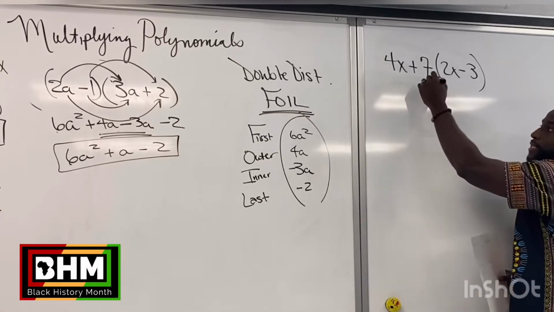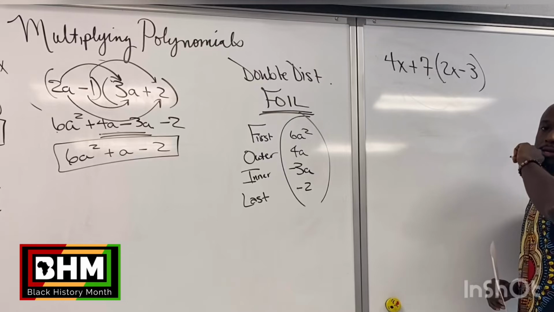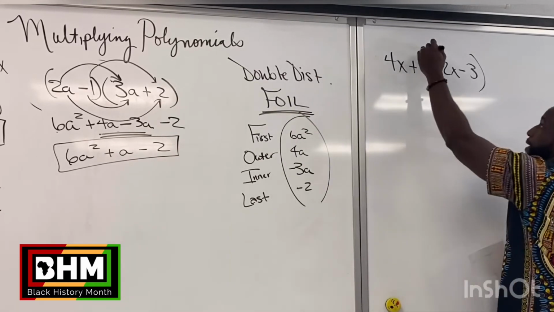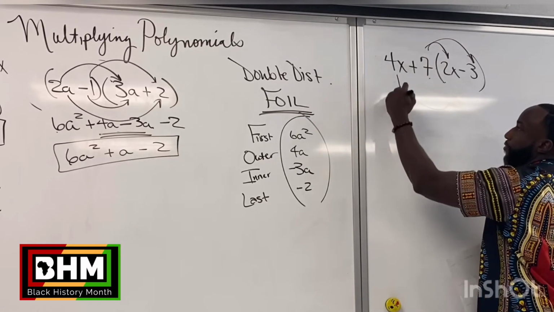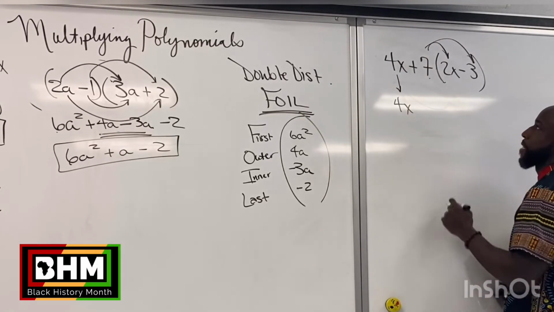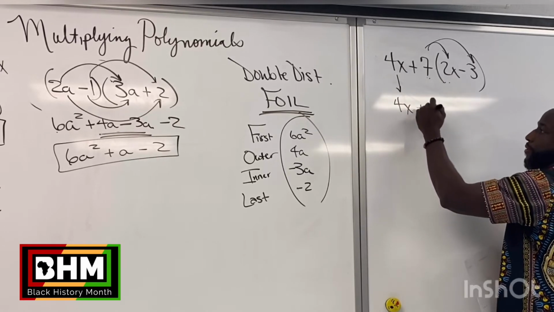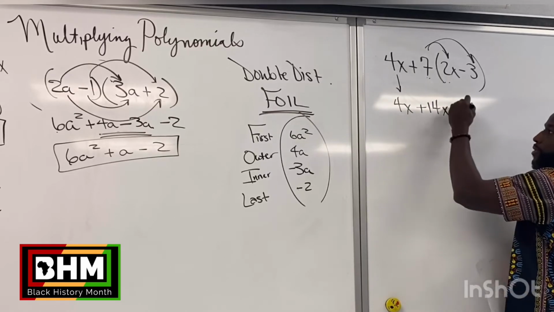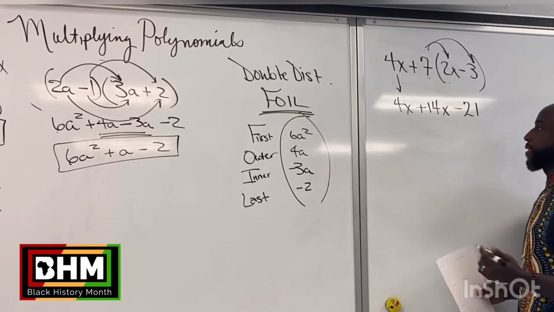However, there is a number next to the parentheses, and there's no plus or minus sign there. So you just single distribute this 7 through the parentheses. Bring the 4x down, and then distribute: 7 times 2x is 14x, and 7 times negative 3 is negative 21.